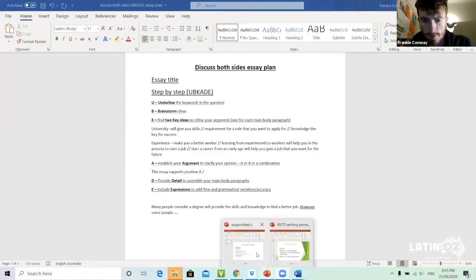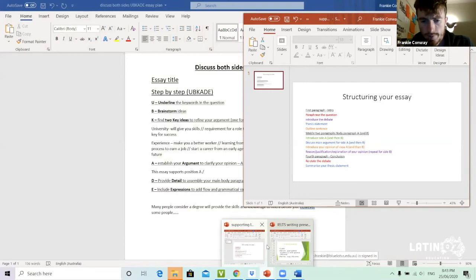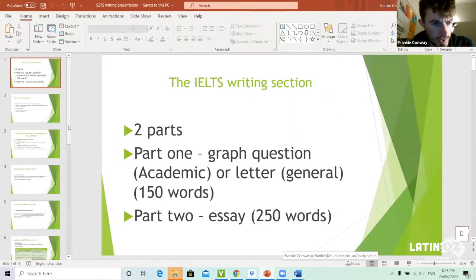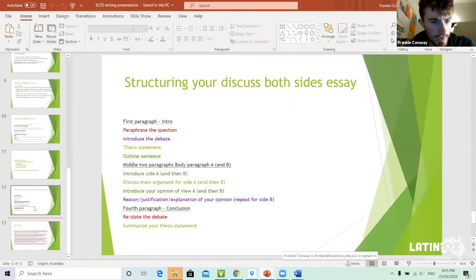It's important, guys. One of the more important bits for me is understanding that structure. So guys, this slide here. So structuring your essay.